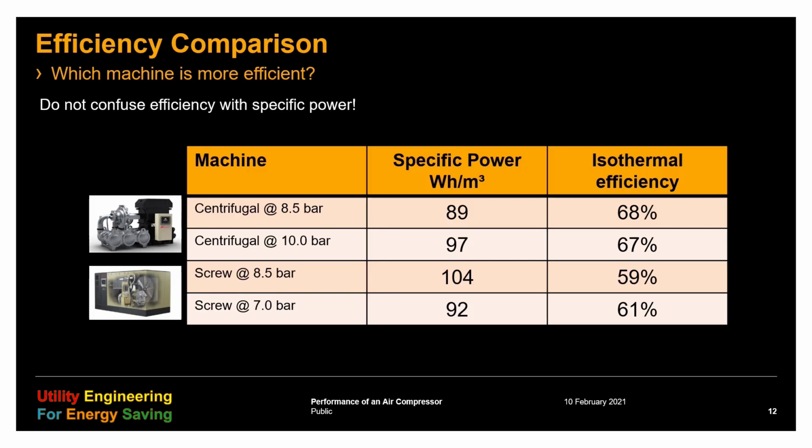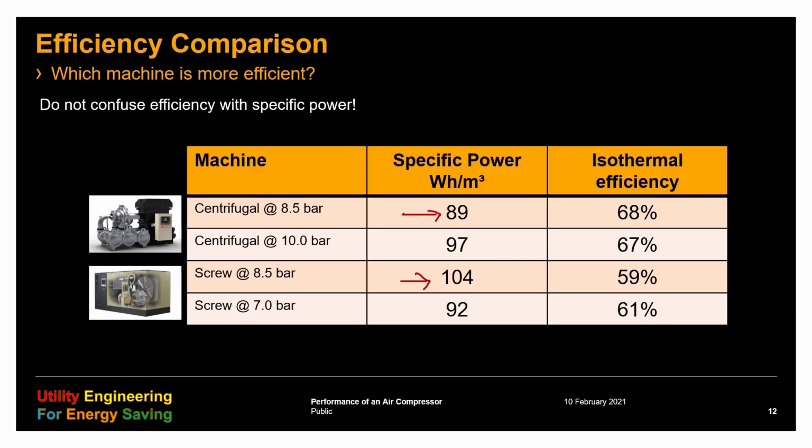Let's look at the table. The first and second row is our centrifugal machine. In the third and fourth, our screw one. If they are working under similar condition, that is 8.5 bar, the specific consumption is better for the centrifugal one. 89 is less than 104.